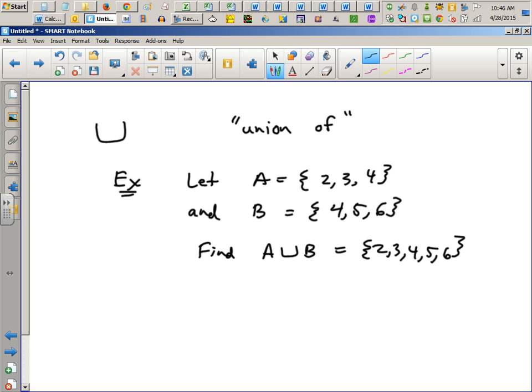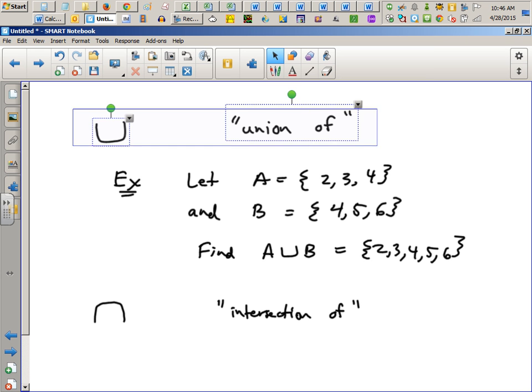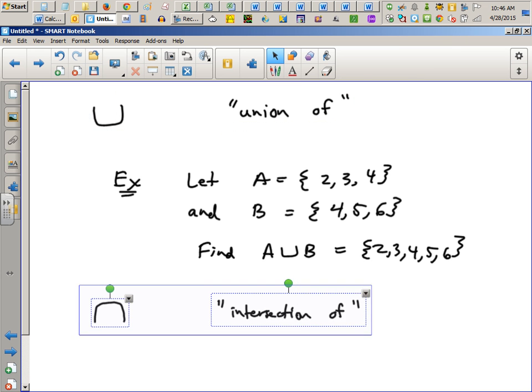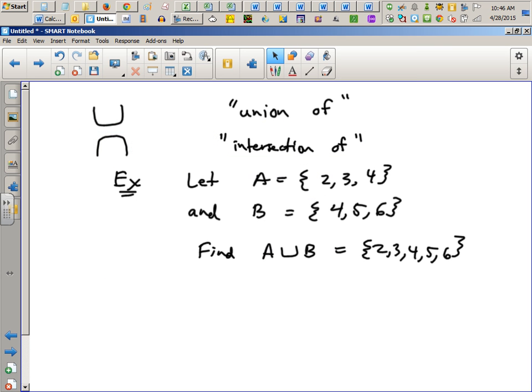All right, let's talk about this symbol. This is pronounced intersection of. Let me put that actually at the top of the board here. So if I ask you to find A intersect B, that is actually a very small set.